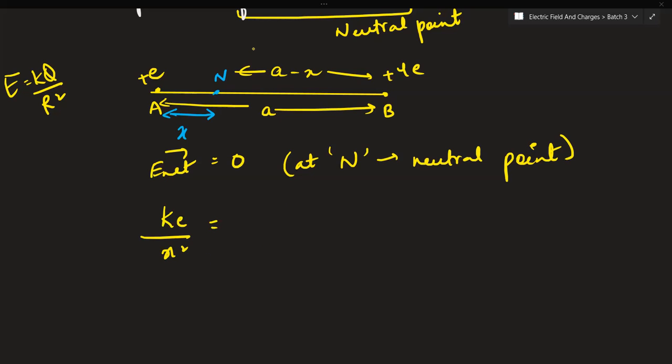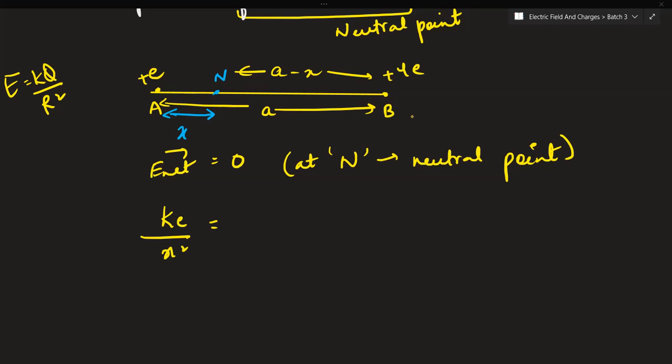Rifat, you tell me, what will be the electric field because of 4E? KQ by R square is the general formula that you have. What is the charge? 4E is the charge.